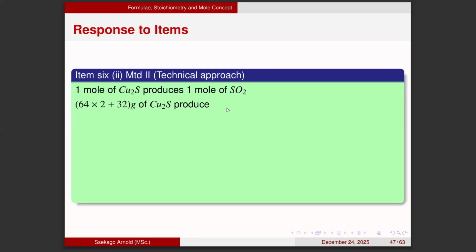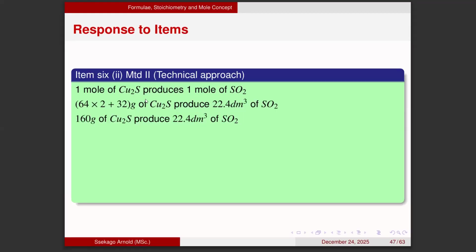So here you do not substitute the RFM or molar mass of sulfur dioxide. Why? We want volume, and in terms of volume, 1 mole is 22.4 decimeters cubed. Computing this, we obtain that 160 grams of copper(I) sulfide produce 22.4 decimeters cubed of sulfur dioxide.